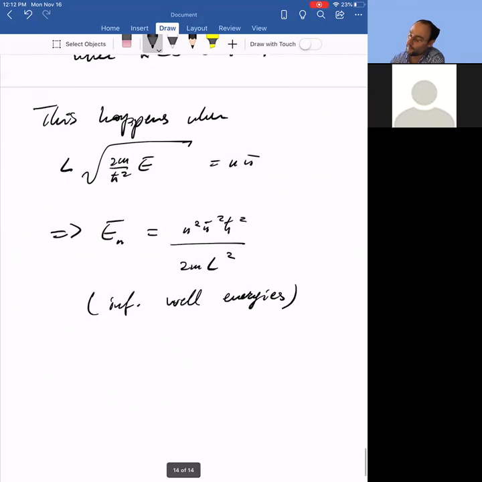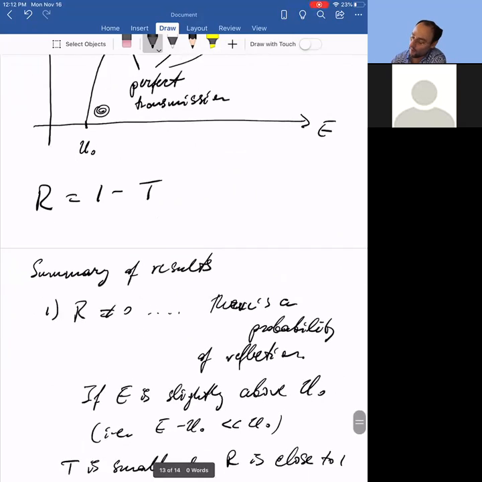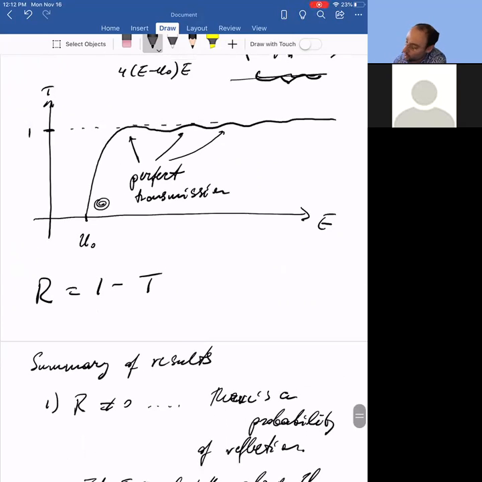Okay, so you have a probability of transmission and reflection. If energy is slightly above U0, the reflection coefficient is close to 1. The probability of reflection is quite large.